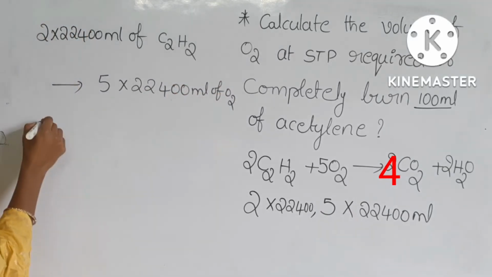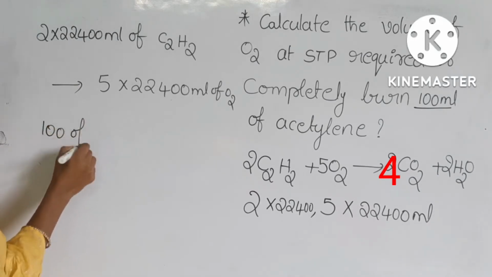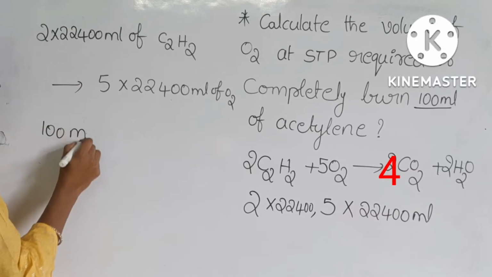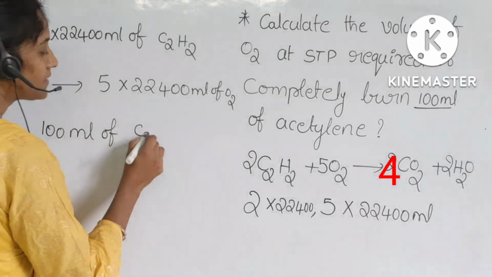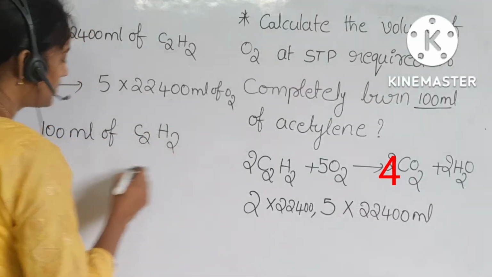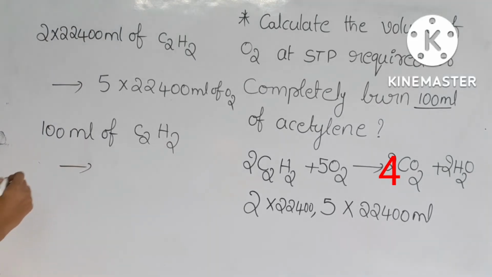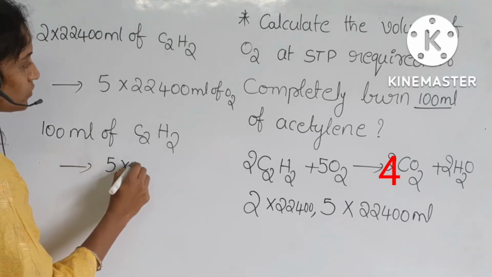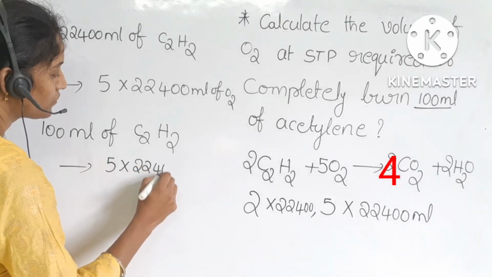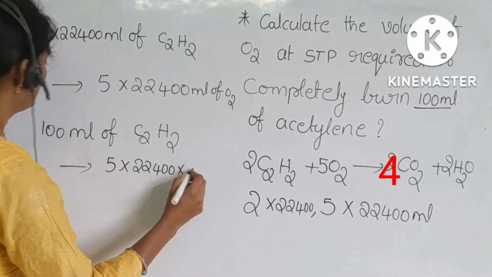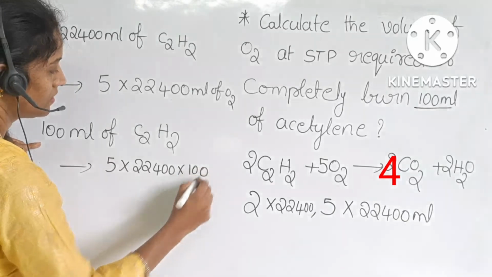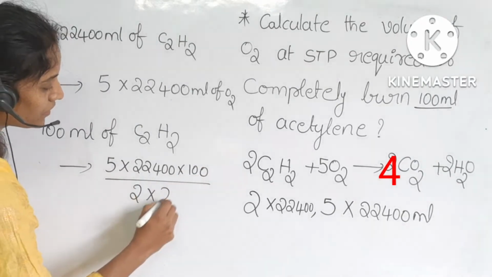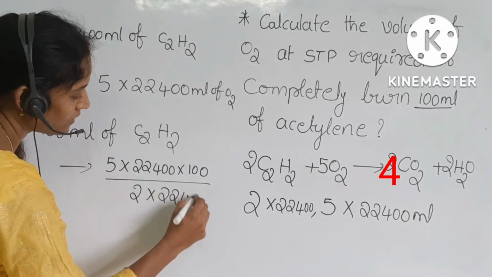So 100 ml of acetylene needs how much oxygen, you should calculate: 5 into 22,400 into 100 upon 2 into 22,400.